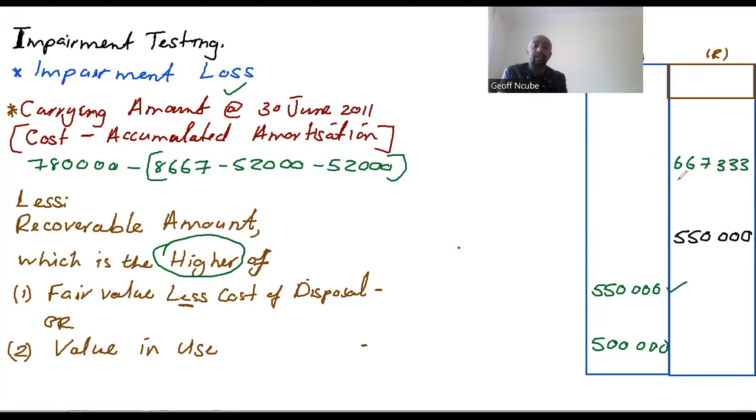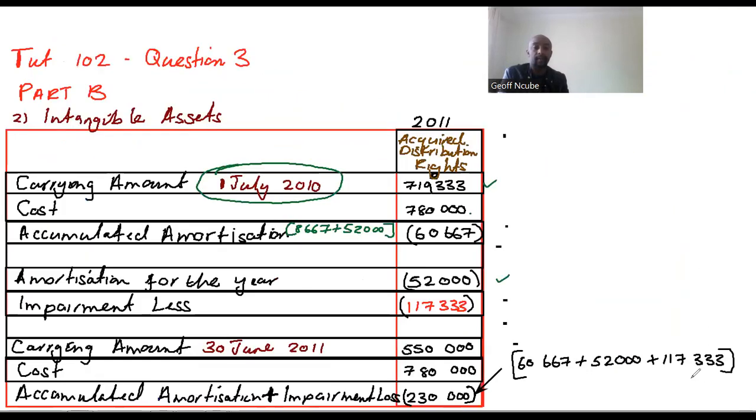By how much? That less that will give you 117,333. That is your impairment loss. That impairment loss is one that you come and disclose here.